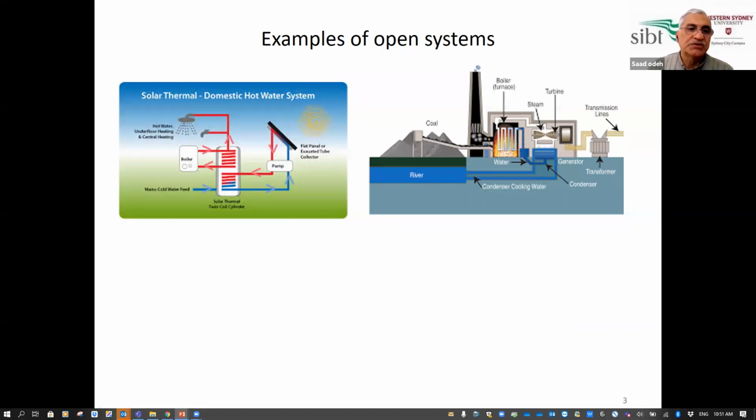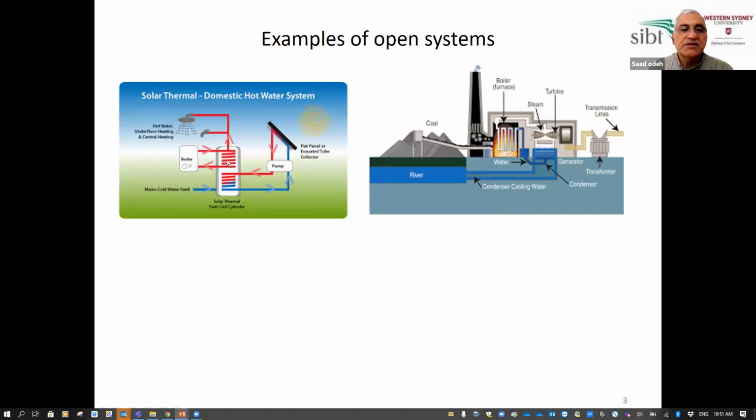It's a solar hot water system actually, and as you can see here, this side is the collector or solar panel that heats the water, and the water is coming from this side, so it's coming to the system. So there is a flow of fluid crossing the boundary of the system and then going inside the solar collector, heated by the solar radiation, and then takes this hot water to the tank.